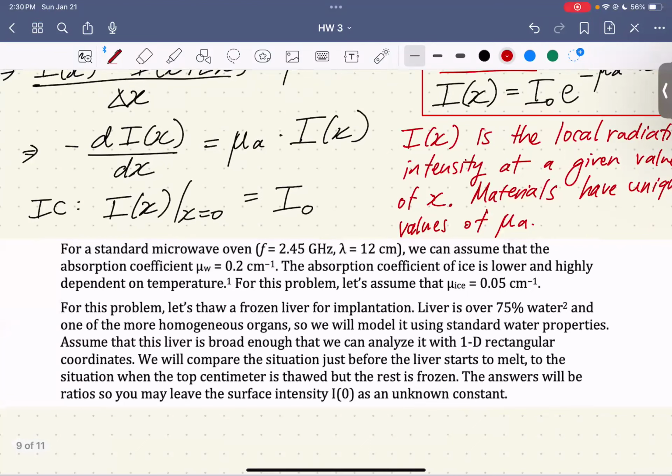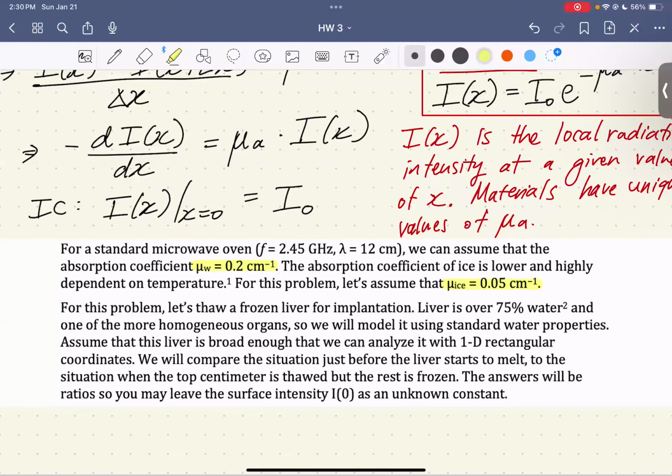So we have for a standard microwave oven, we can assume that the absorption coefficient mu W is 0.2 centimeters to the -1, and that is for water. Mu W for water. And we have the absorption coefficient of ice is lower and highly dependent on temperature. But we are assuming that ice, mu ice, is 0.05 centimeters to the -1 power.